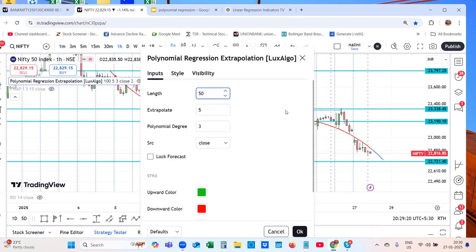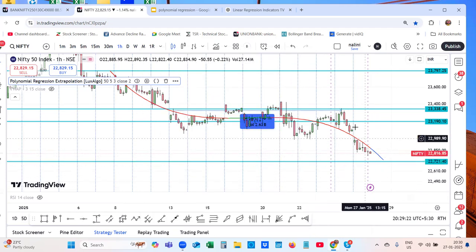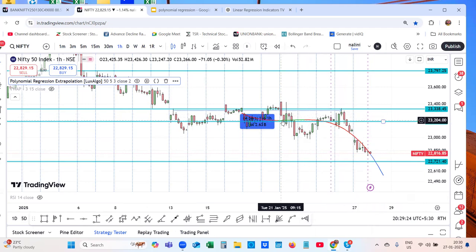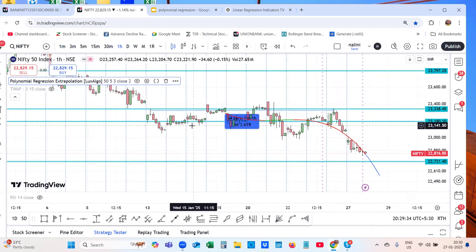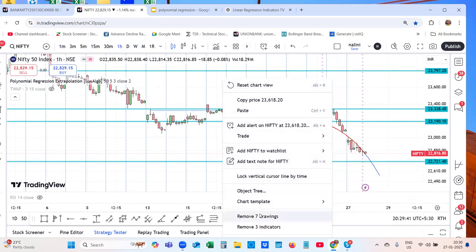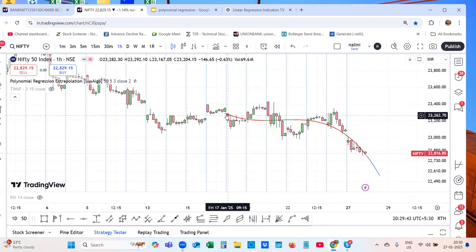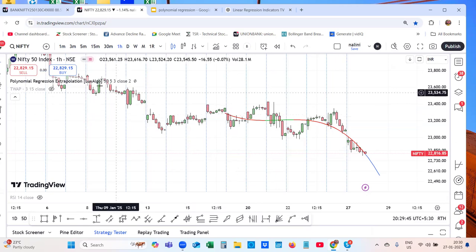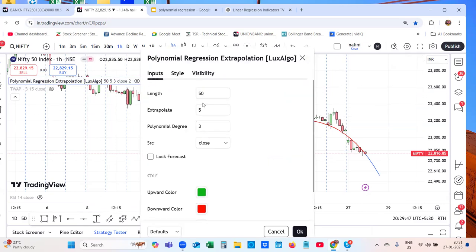If you select 50, it will calculate back 50 candles and give you the regression line. I have selected 50. I'll remove drawings. It has started from here. Suppose if I select 100, it goes back.